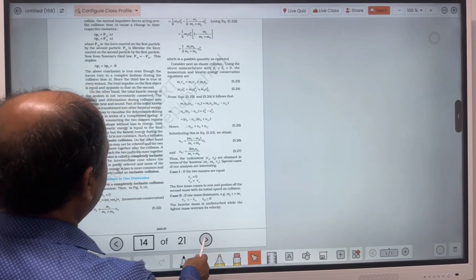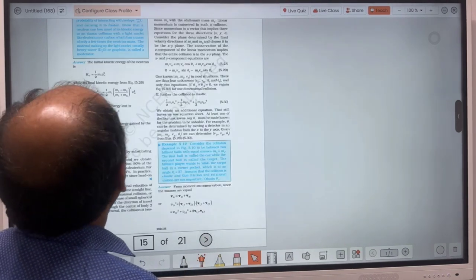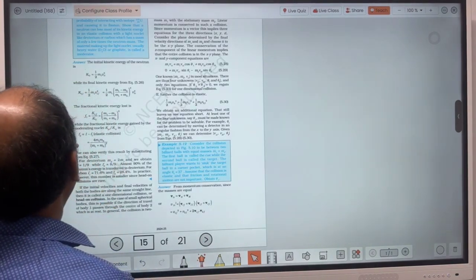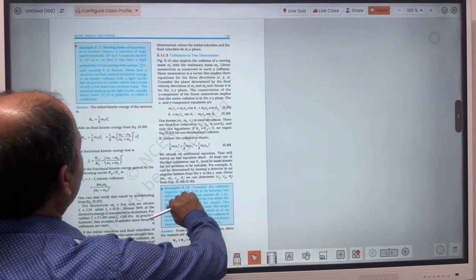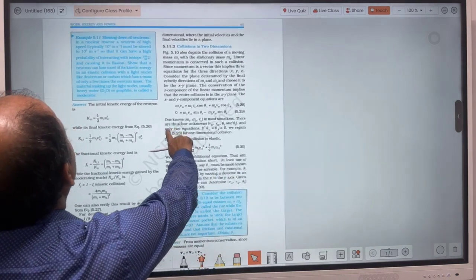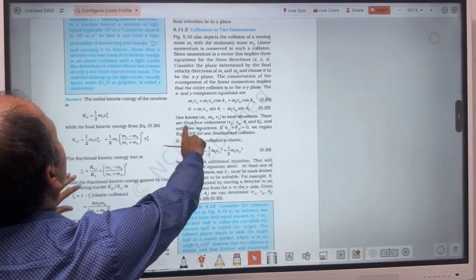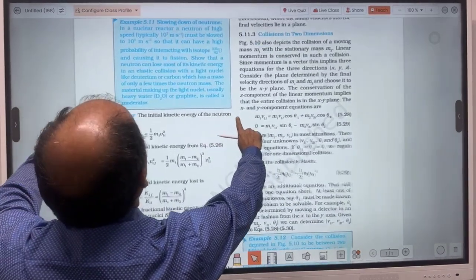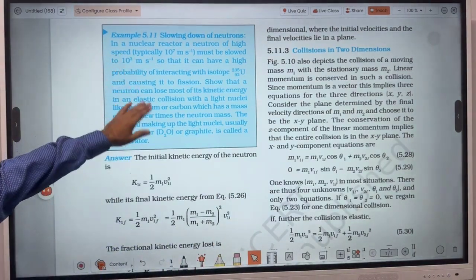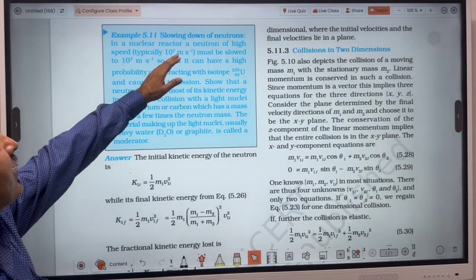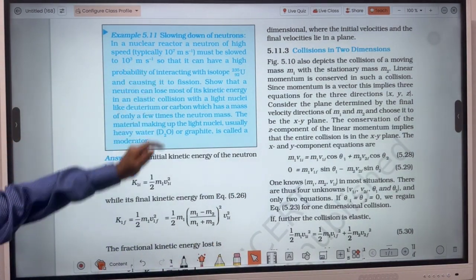Now, here there is one question. Let's see what this question says. Slowing down of neutrons.